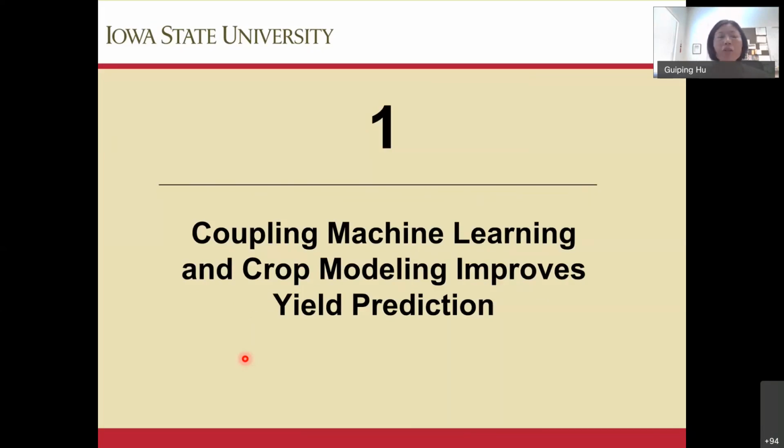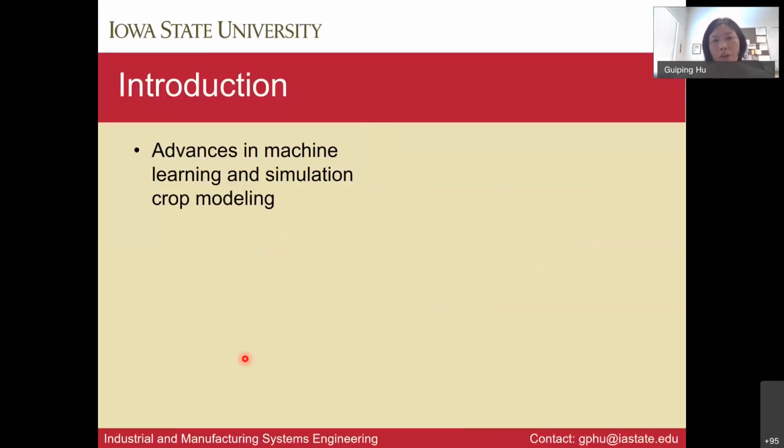So the first one that I want to talk about is a work that I collaborated on with Sotiris. In this work, we are trying to couple machine learning and crop monitoring to achieve better yield prediction. And we all know that there have been advances in machine learning and crop monitoring, which we were talking about earlier in talks. And each of them offers unique capabilities.